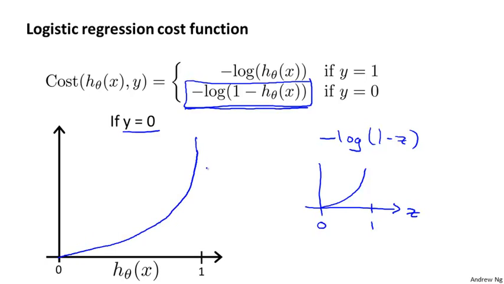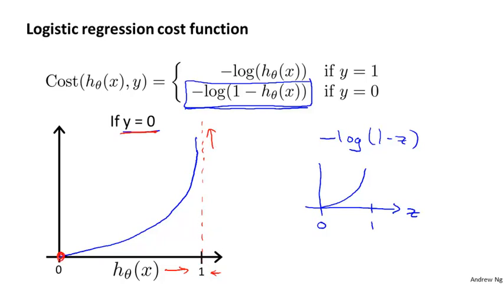And what this cost function does is that it blows up, or it goes to positive infinity as h of x goes to 1. And this captures the intuition that if a hypothesis predicted that h of x is equal to 1 with certainty, with probability 1, it's absolutely got to be y equals 1. But if y turned out to be equal to 0, then it makes sense to make the learning algorithm pay a very large cost.